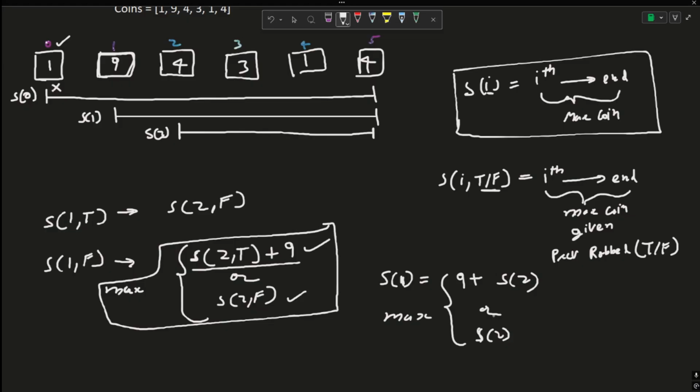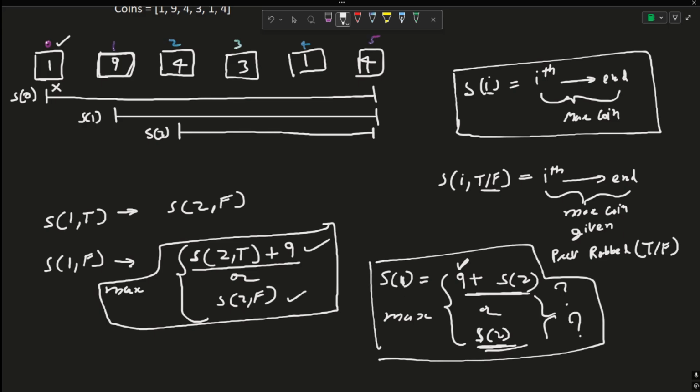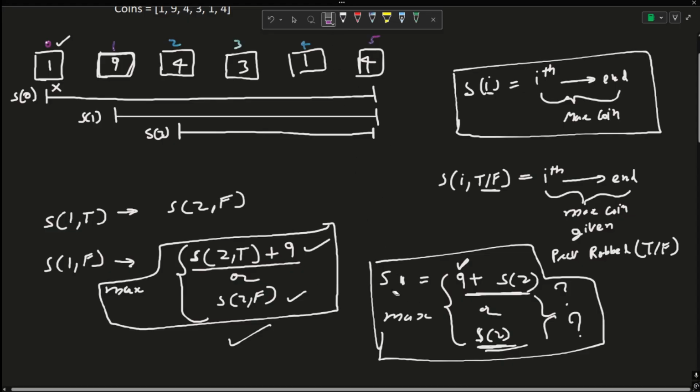But here we don't know if this is valid or not, because we don't know if we can loot the current house or not, because we don't have any information about the previous house, have we robbed it or not. So here we have two options, but we don't know which one is valid, so we can't do this here. But here we can do this because both of them are valid.